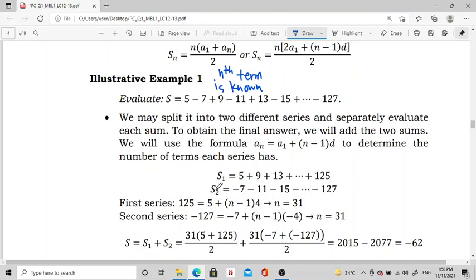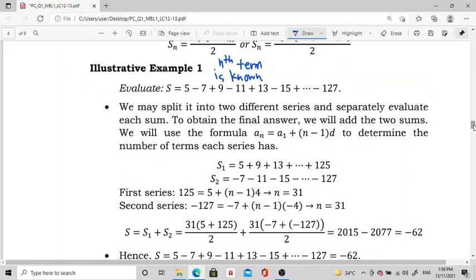While sa series number 2, nagsama-sama yung mga negative. In the first series, we want to know kung pang ilan nga ba si 125. So we need the value of n para makuha natin yung sum. So, ganun din sa second series, we want to know kung pang ilan si negative 127 sa list. So as you can see, both of them are pang 30 first.